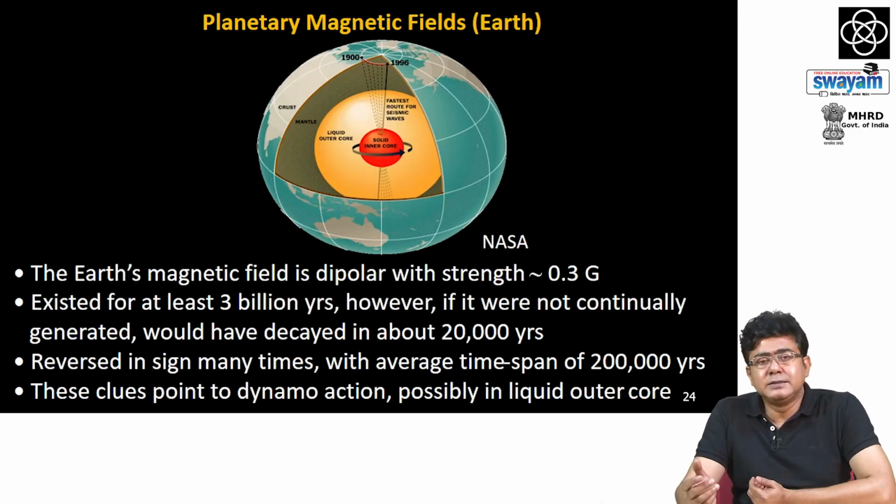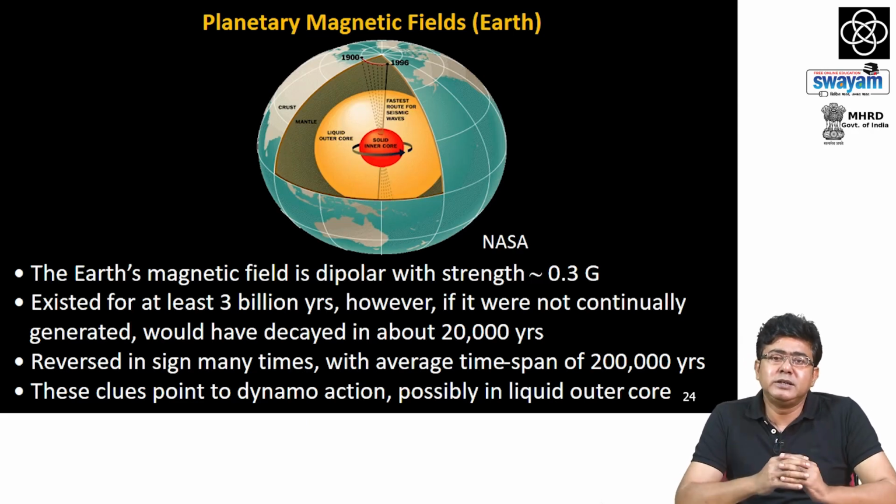At the smaller scales in astrophysics, we have the planets, and taking the Earth as an example, we know that the Earth has a magnetic field which is comparatively small compared to the magnetic fields of stars. It is on the order of a few tenths of a gauss, and this field is roughly dipolar, with the polarity of the Earth's magnetic field reversing something like every 200,000 years.